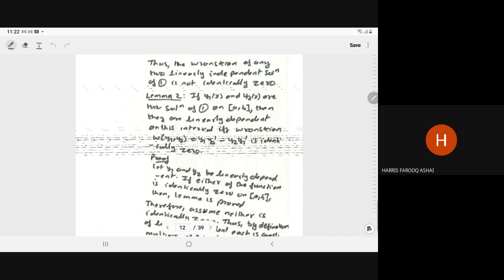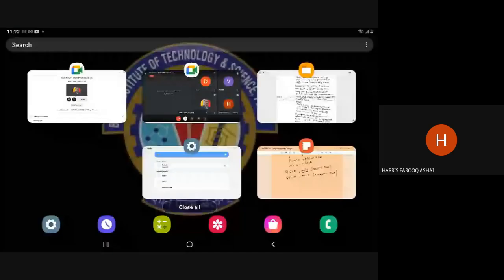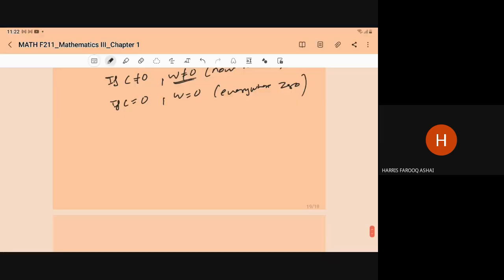Now by theorem 14c we have that y(x) is equal to c1 y1 plus c2 y2, and we want c1 y1 plus c2 y2 to be the general solution. General solution means for some constants c1 and c2 we can obtain an arbitrary solution y(x).